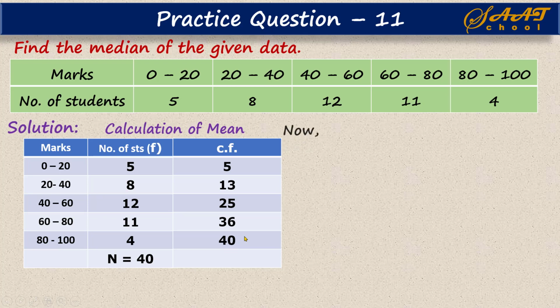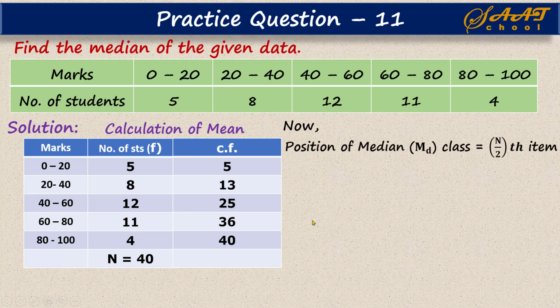Now we have to find the position of the median with the help of n by 2. Here n is 40 in this case, and 40 divided by 2 is 20. Now the position of the median is the 20th item.